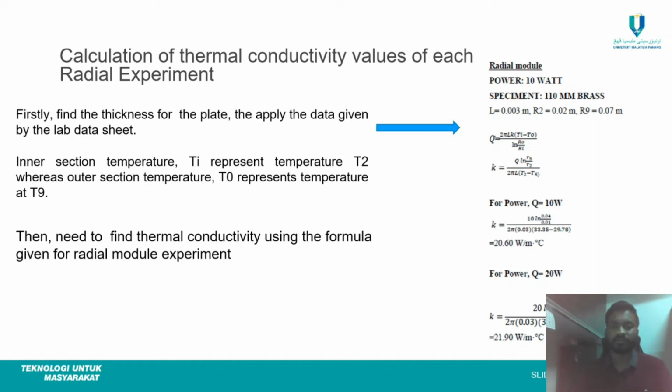After we find the temperature points, we need to find the thermal conductivity by the formula for the radial module experiment. After we apply all the data given in the lab sheet, we get the thermal conductivity for the power of 10 watt, which is 20.6 watt per meter Celsius, and for the power of 20 watt, 21.90 watt per meter Celsius. So as the power increases, the thermal conductivity also increases slightly.